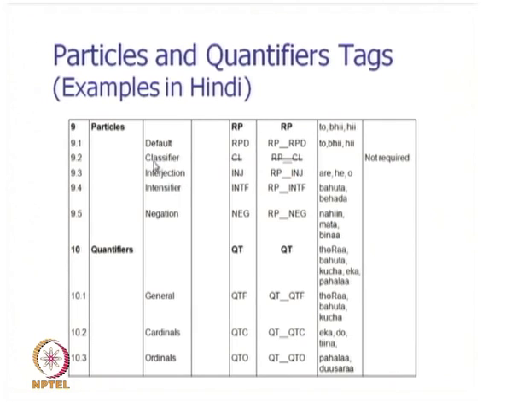Then we have a classifier. Classifier is not required in Hindi, but in Bengali T is the classifier, which is a definite entity identifier. Interjections are exclamation symbols, are, he, o, okay, o in Hindi, aha in English. These are interjections. They do not change their form, but they are there in the language to emphasize a point or say something interesting.